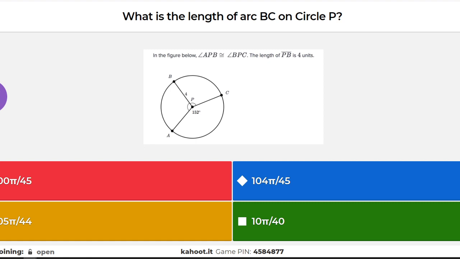APB is congruent to BPC. That's what's going to help you find the arc measure. And then find the length of arc BC. BC is this one here.